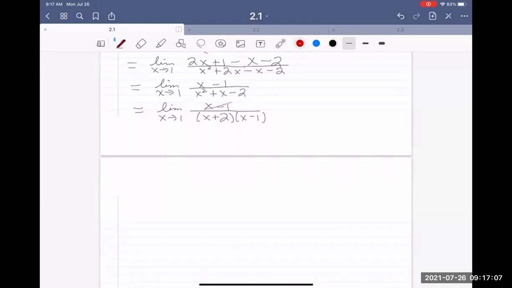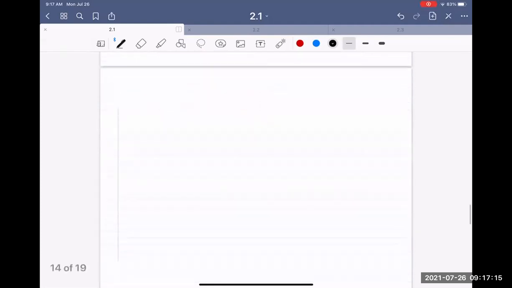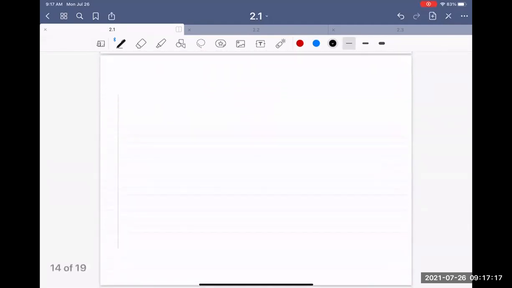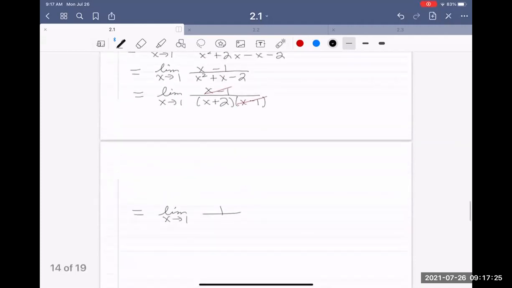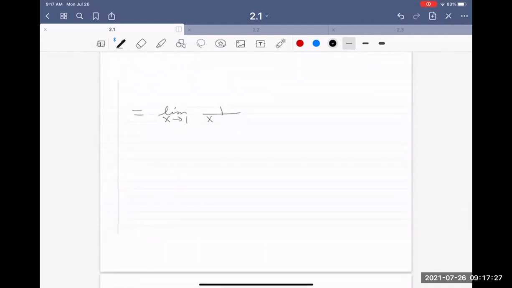And so the x minus 1's cancel. And so this is equal to the limit as x approaches 1 of 1 over x plus 2, which is equal to 1/3.